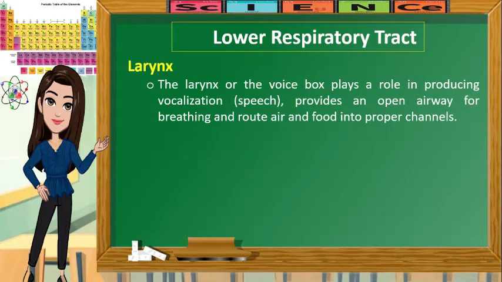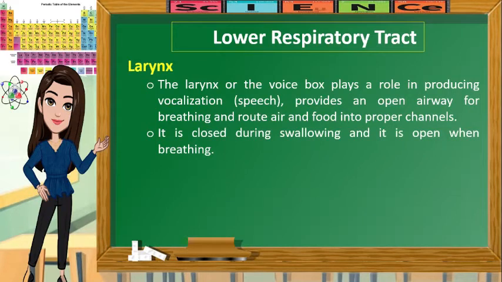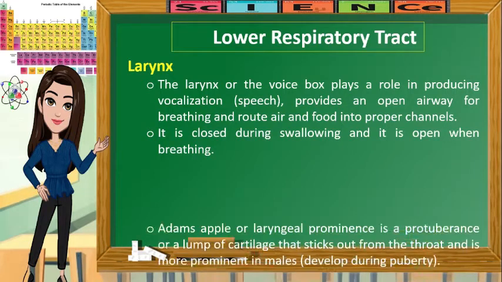Larynx. The larynx or voice box plays a role in producing vocalization or speech, provides an open airway for breathing, and routes air and food into proper channels. It is closed during swallowing and open when breathing.